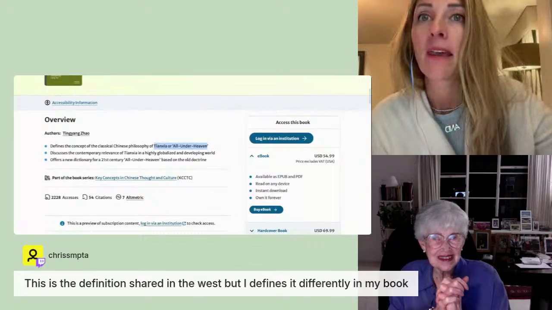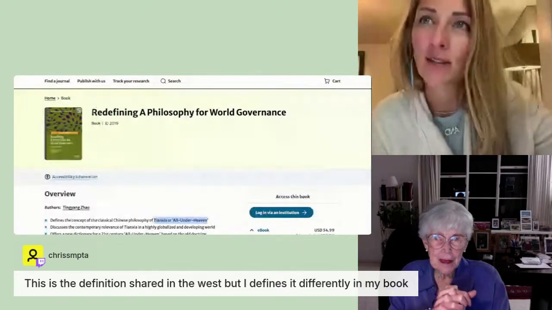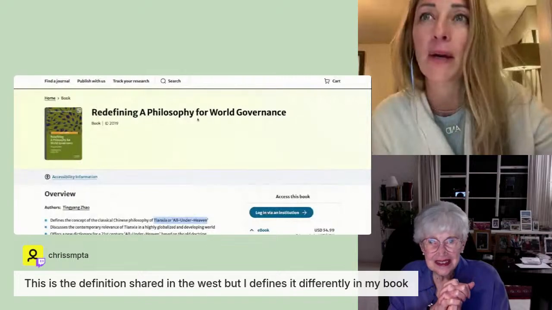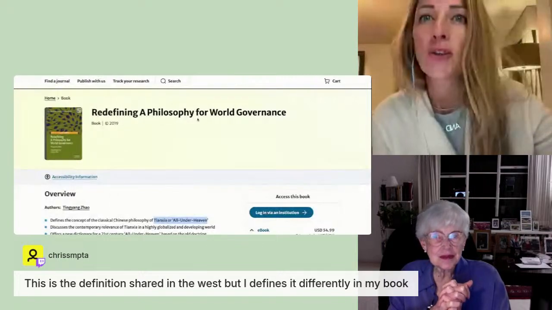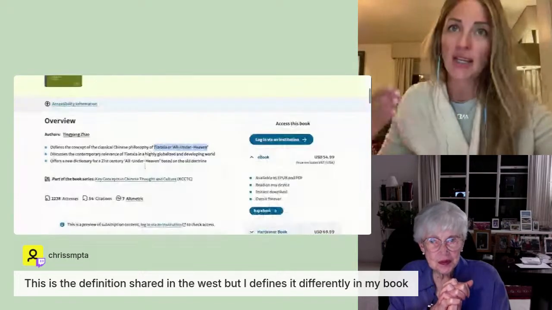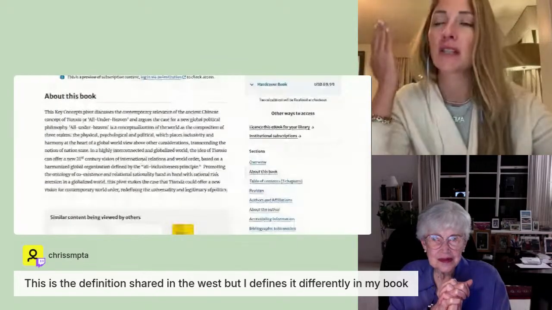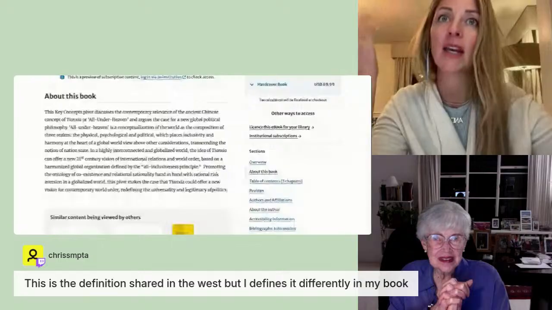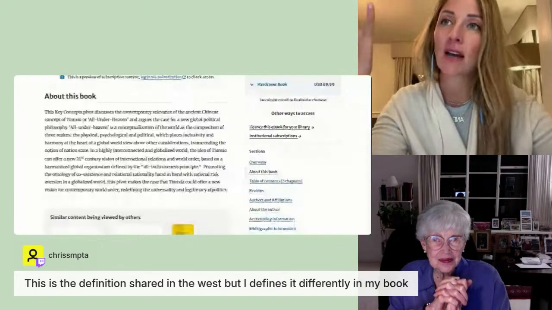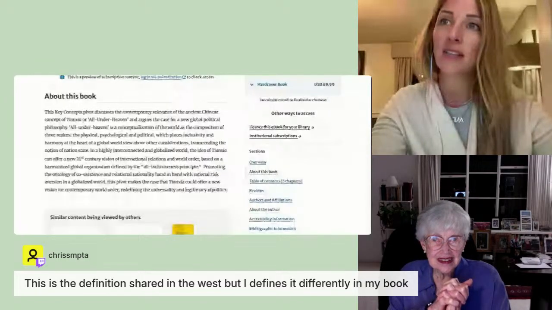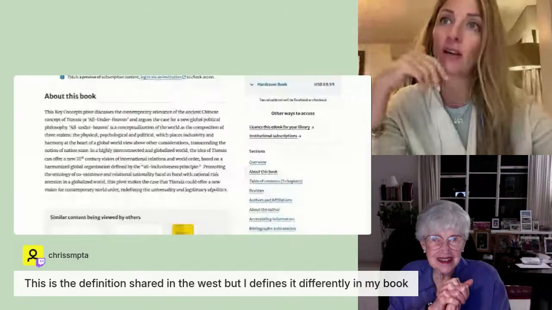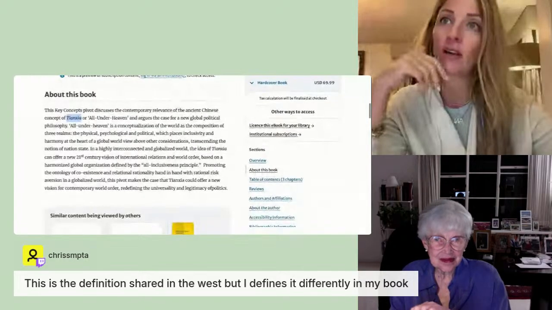It's this book that I'm starting to meander my way through, defining a philosophy of world governance through a Chinese philosophy known as all under heaven. The key concept of this global governance theory is an ancient Chinese concept of Tianxia, I don't know if I'm saying that correctly, or all under heaven, and argues the case for a new global political philosophy.